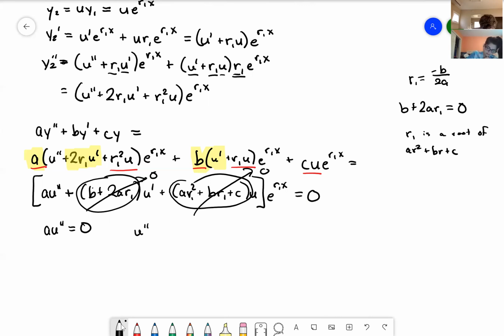And so we get u double prime is equal to 0. And we can just integrate both sides twice. And what we end up with is u is a general linear polynomial, mx plus b.